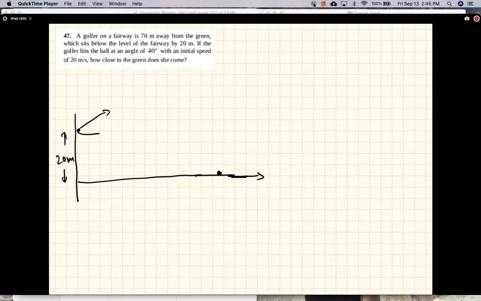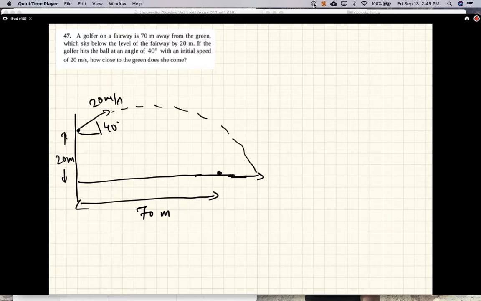Shoot the ball. So this distance is 70 meters, at an angle of 40 degrees with an initial speed of 20 meters per second. And again, this ball travels on a parabolic path, and that is the distance we want to calculate. Whether it's short or long, we don't know yet.